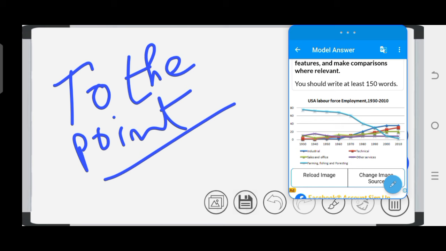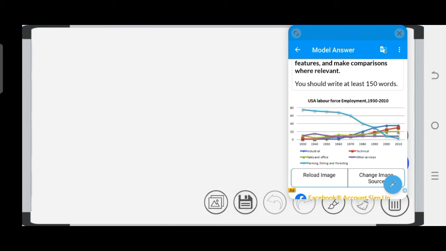So now it will go like this. Then you take the different changes in different years, the high value, the low value. If I try to summarize it, while you start your answer, you will copy the topic and rewrite.